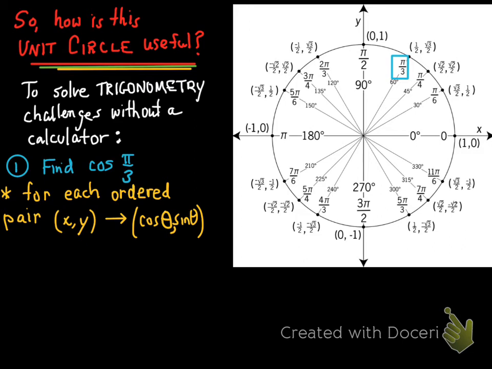So I'm looking at, I don't know whether to steal the x or the y. Well, if I want the cosine, I need to steal the x coordinates right there. So as I look at this problem, the cosine of pi over 3 is equal to 1/2. Now you ought to be able to yank out your calculator at this point. Make sure you're in radian mode and put in the cosine of pi over 3, press enter. You should get 1/2.